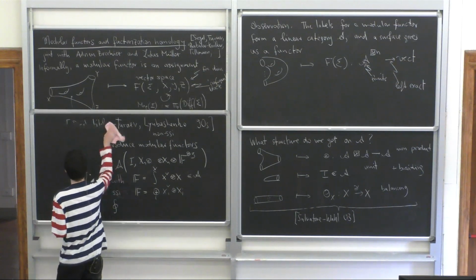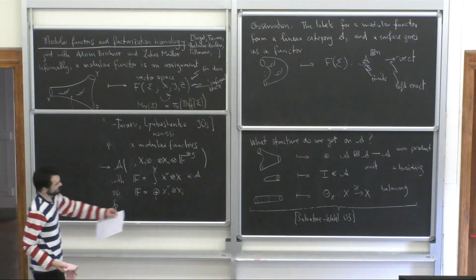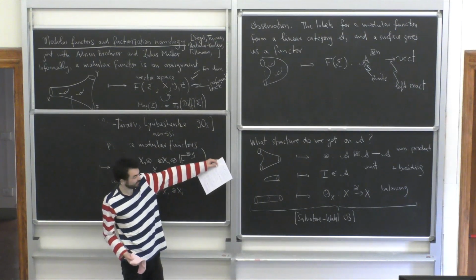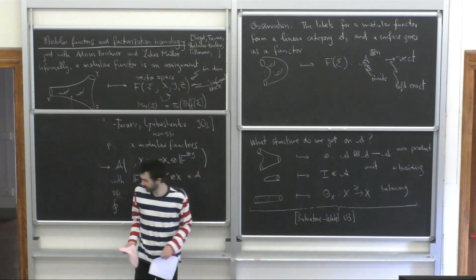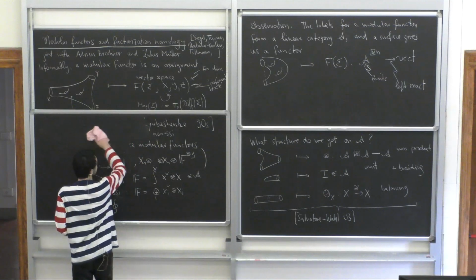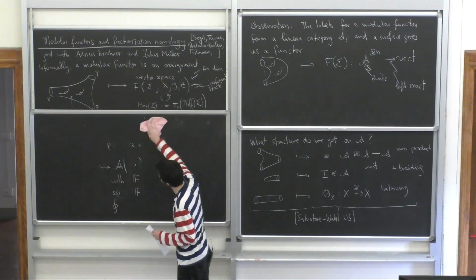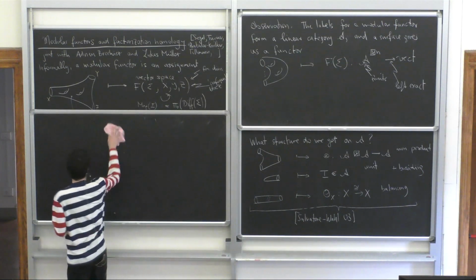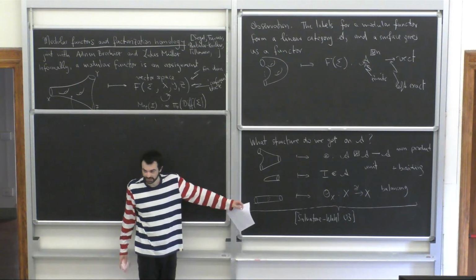So what we did with Lukas Müller is that we asked ourselves whether this is already everything that you get in genus 0. And it's not quite everything. Because, I mean, if you want to classify vector space valued 2D TFTs, then even in that situation, it wouldn't be everything, right?